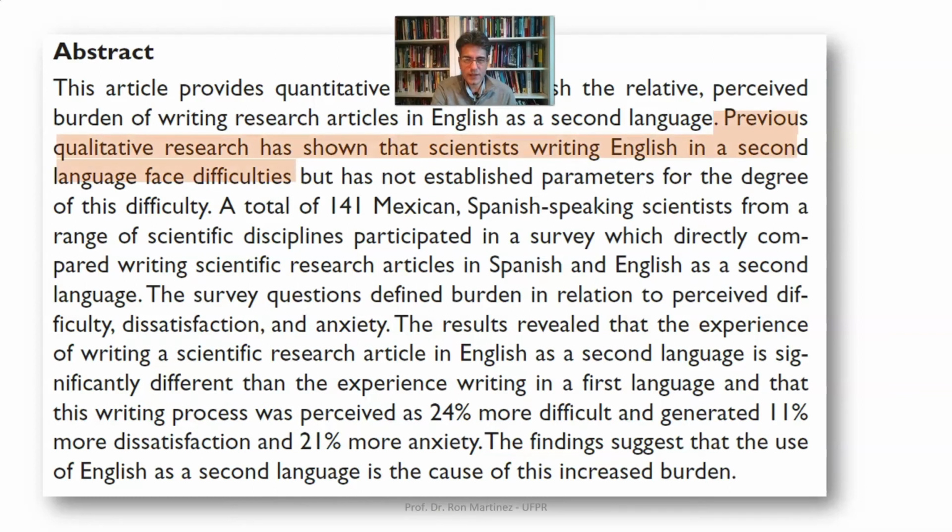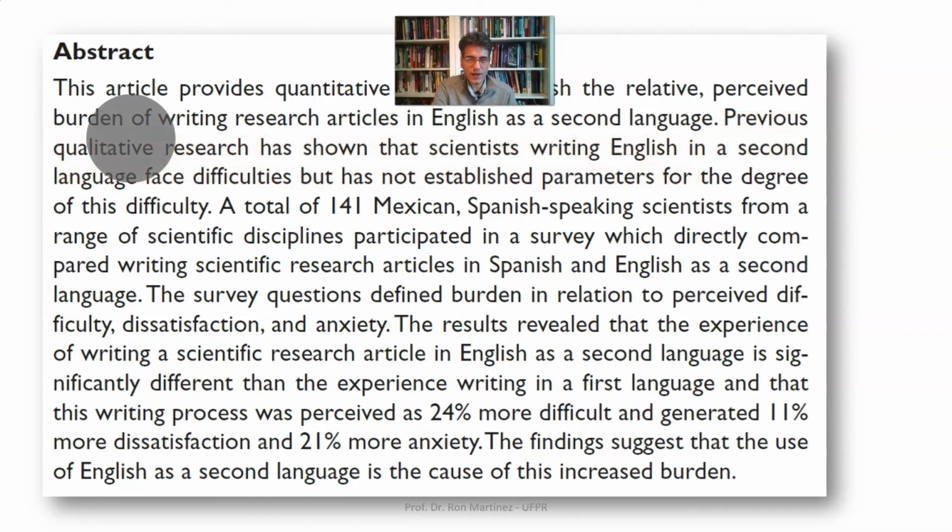And then in the second part of that sentence, after the conjunction but, it has not established parameters for the degree of this difficulty. So that but is basically signaling the move to establishing the niche in one sentence. So you have move one and move two in one sentence here.